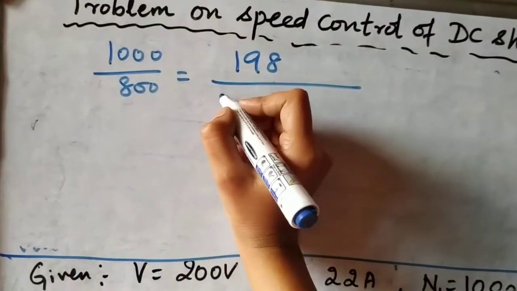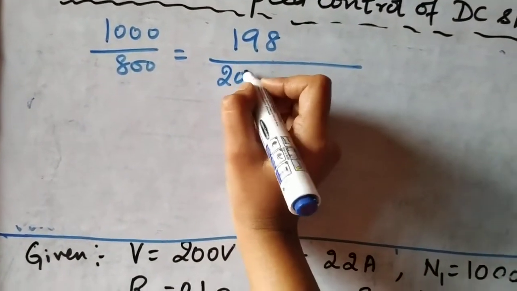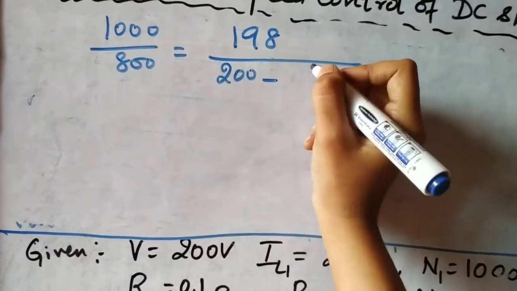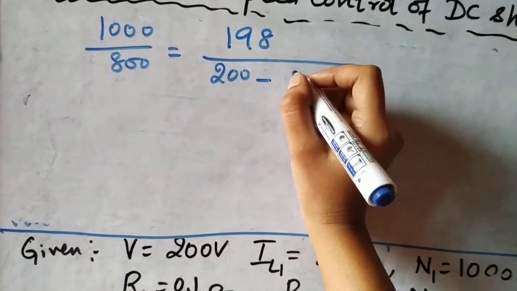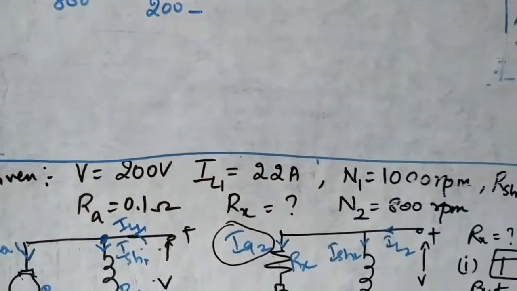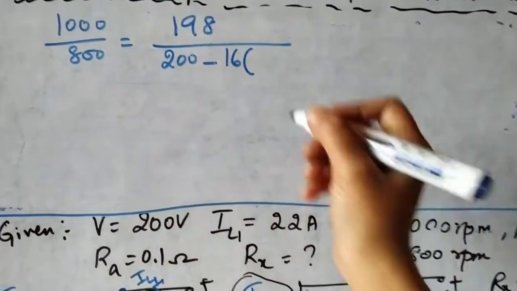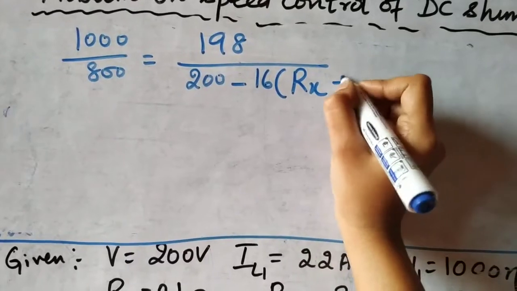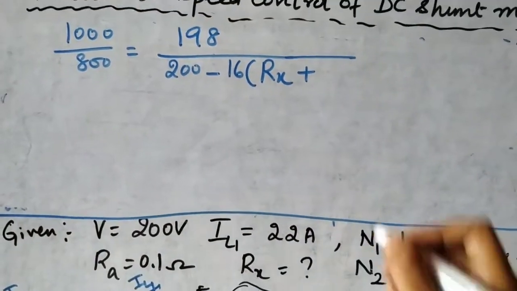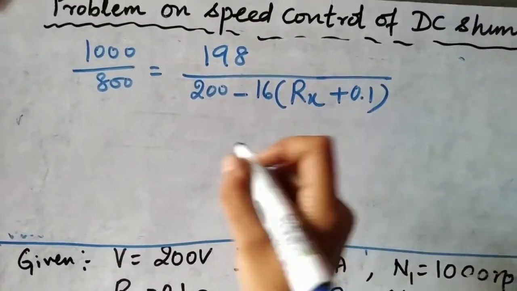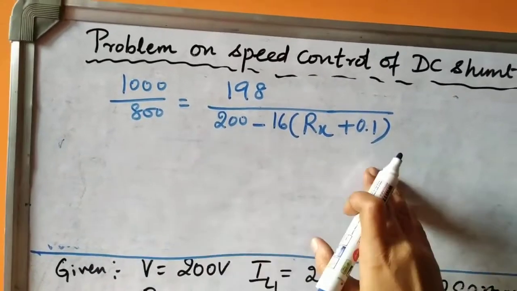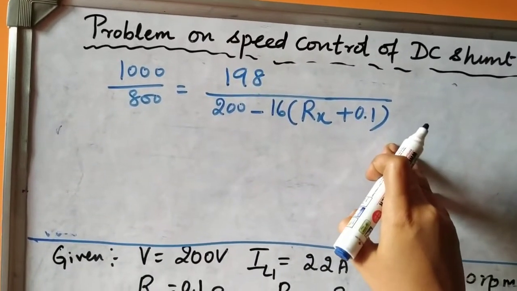So the same thing, that is 200 minus IA2, which we got as 16, into Rx plus the armature resistance 0.1. Just cross multiply and solve this.